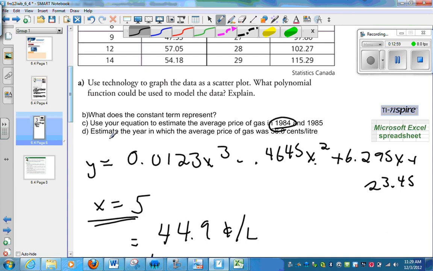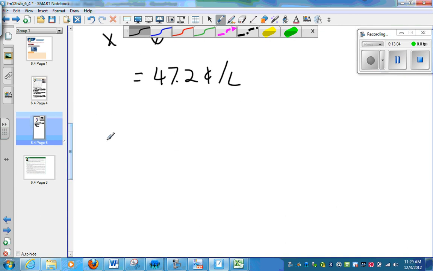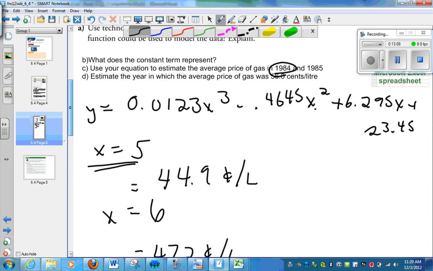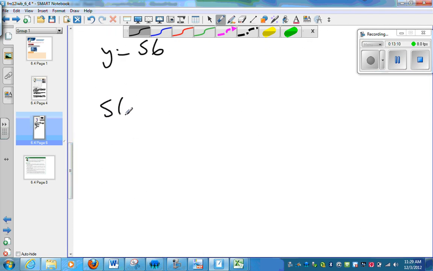Now, the next question says, estimate the year when the average price was 56 cents per liter. So now my y equals 56, and I'm solving for x. What I'm going to have to do here is graph again, because I don't really have many tools to solve a cubic.